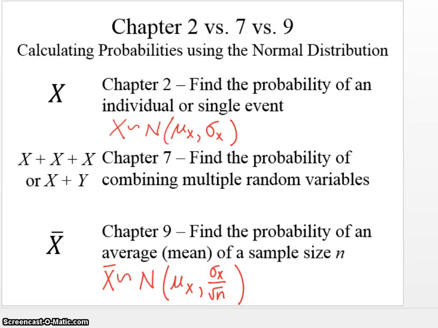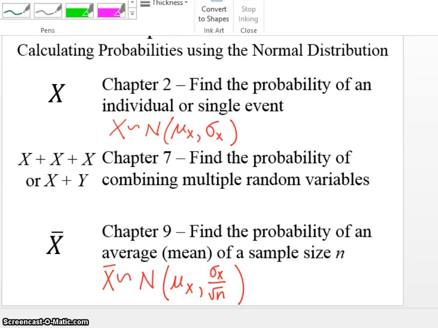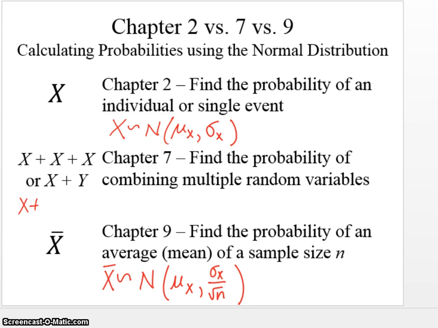So here we have X plus X plus X will be normally distributed with a mean of 3 times the mean of the population and a standard deviation of square root of 3 times the standard deviation of the population. Now that could be 2, 3, 4, 5, 6, 7 times you're adding it together, it doesn't matter. This is just an example of 3.